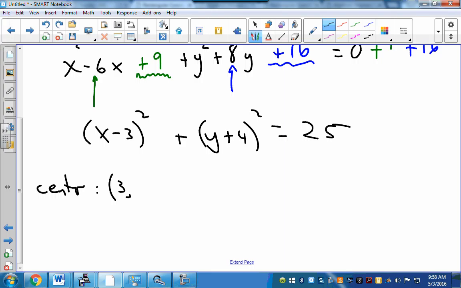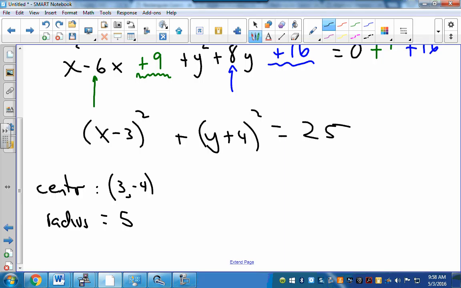You have to think this is minus k, so it's minus 4. And the radius is going to be 5, right? That's r squared. So we've moved the center. We're no longer at the origin, but we're now at the point (3, -4).